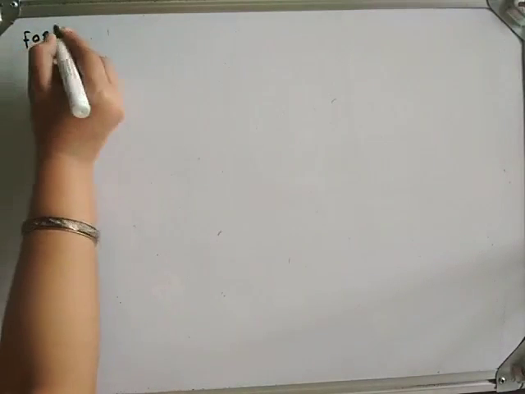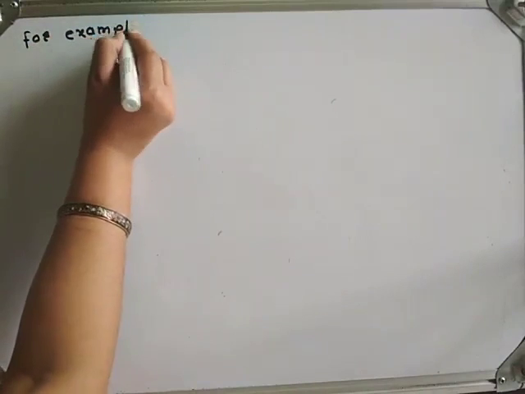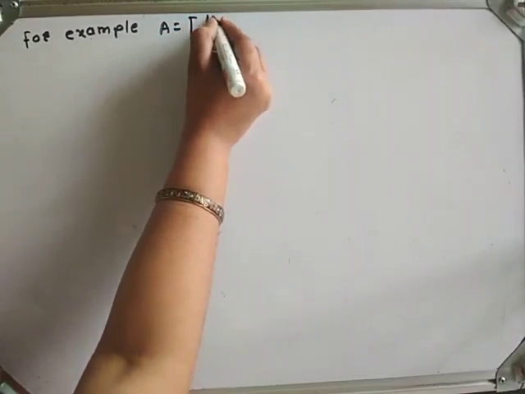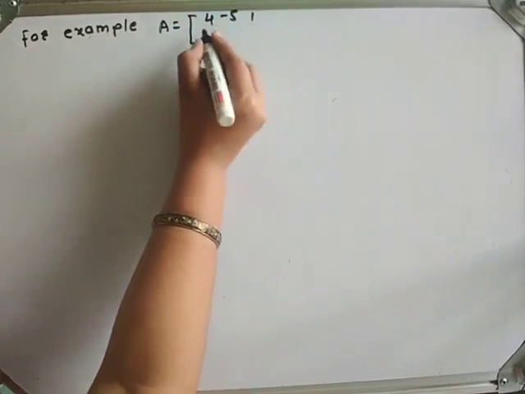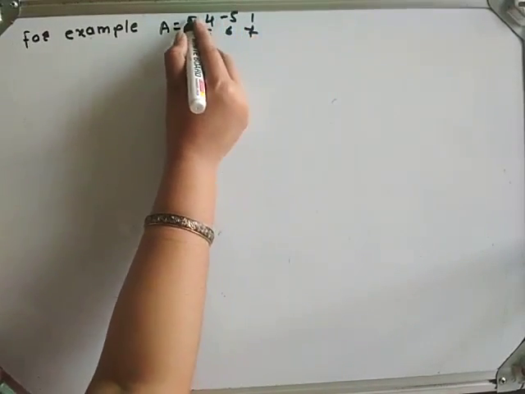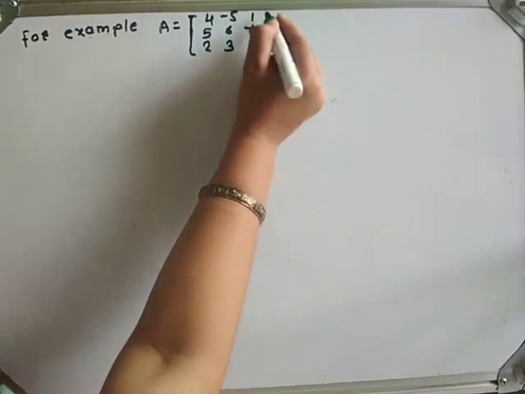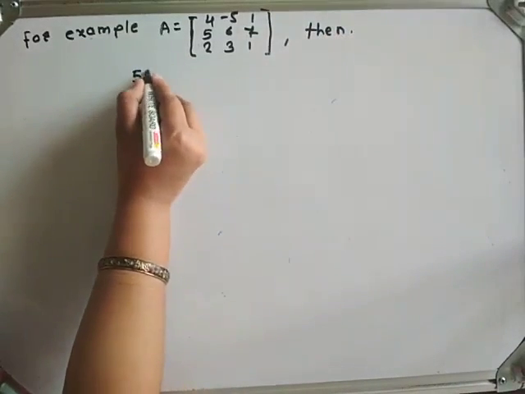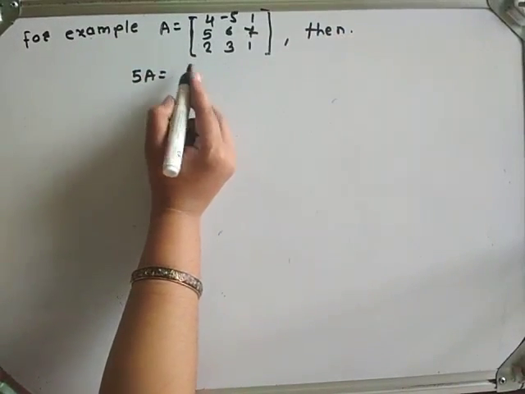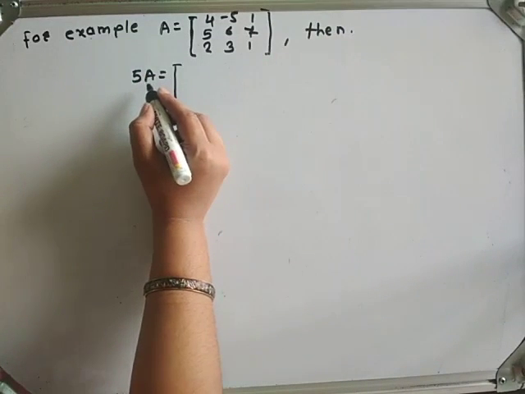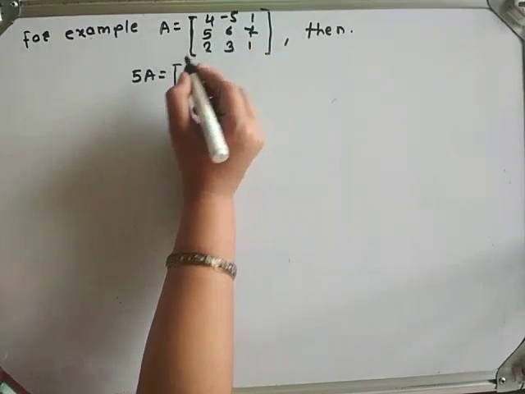Let us take one example on scalar multiplication. For example, matrix A is equal to 4 minus 5 1 5 6 7 2 3 1. Then 5A is equal to, I have to multiply each entry in A by 5.